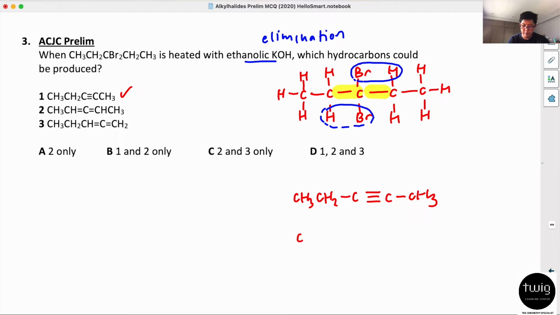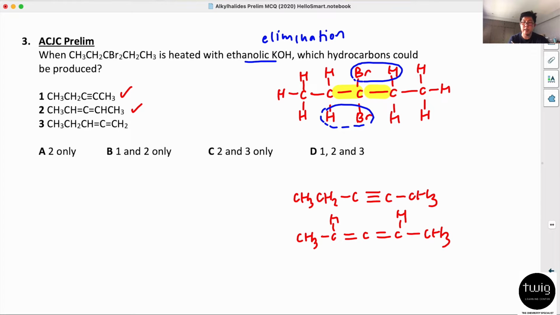So another product will be CH3, CH double bond here, and double bond here. Then this double bond, and this will be a CH3, so I have to draw an H over here. This is another possible product, and if you look at it carefully, this is option 2.